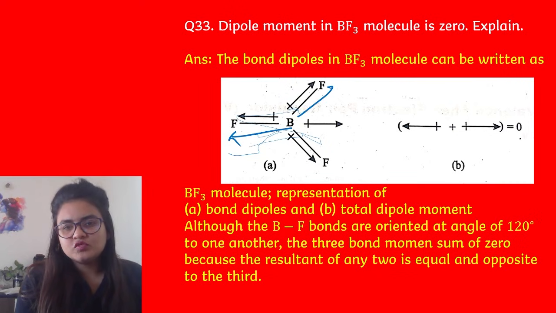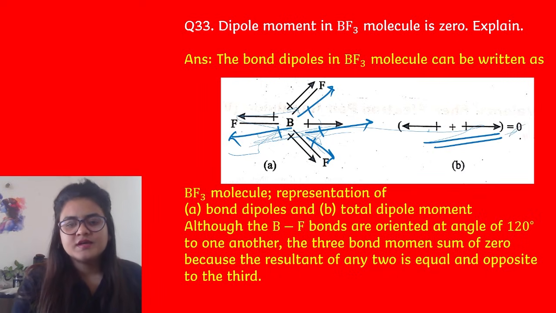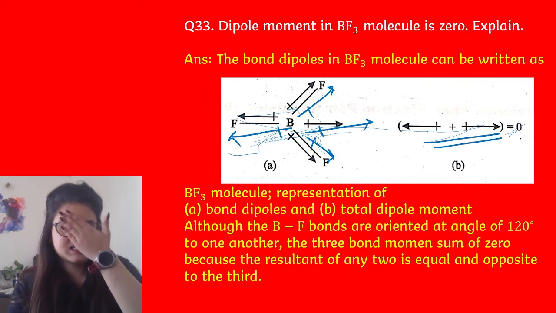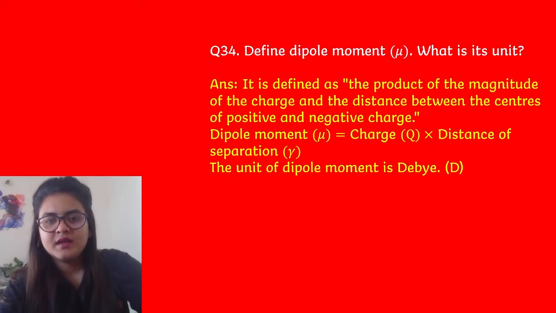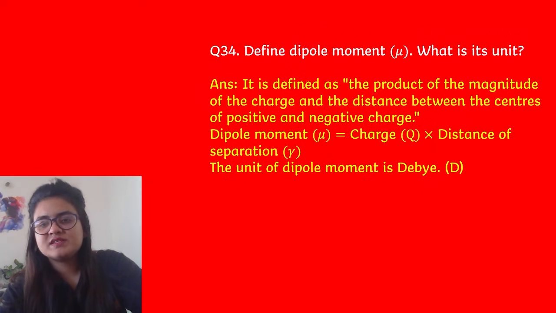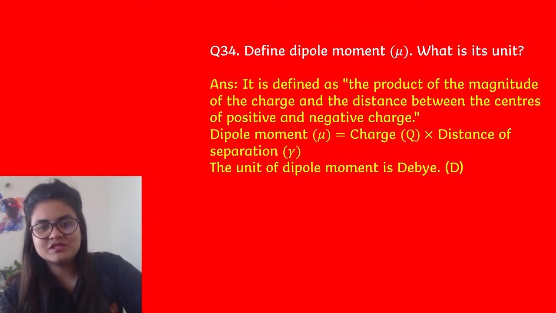For these two, the resultant dipole moment comes like this, so it can cancel out the third and become 0. As a result, the dipole moment of BF3 comes out to be 0. Next, what is dipole moment and what is its unit? It is the product of charge and the distance between the positive and negative charge, and it can be represented in debye, and also coulomb meter.